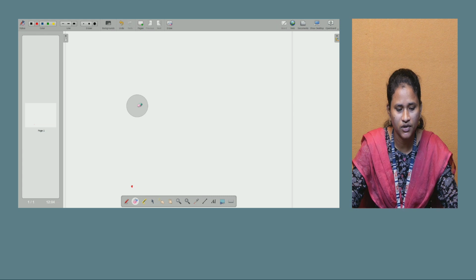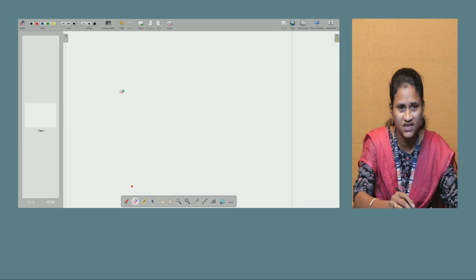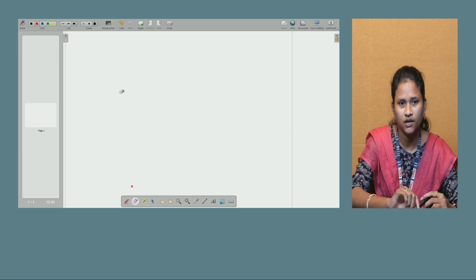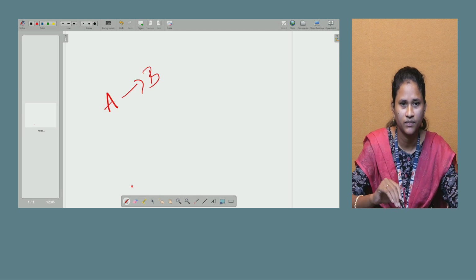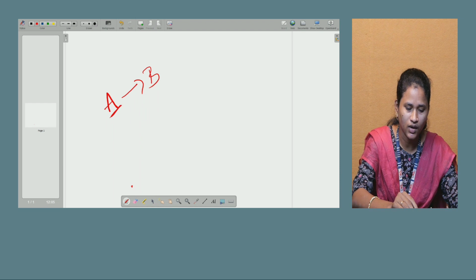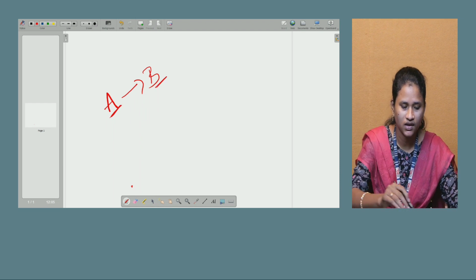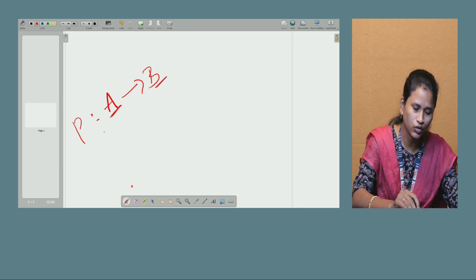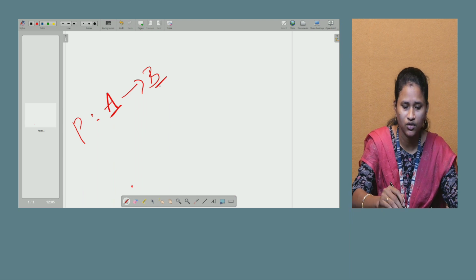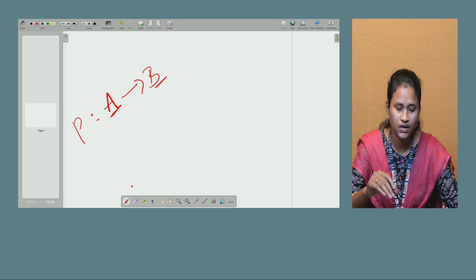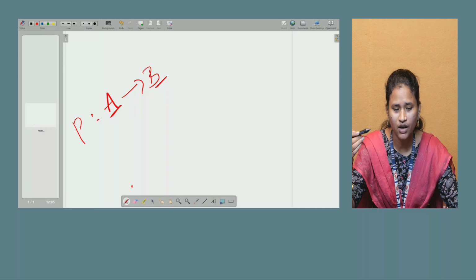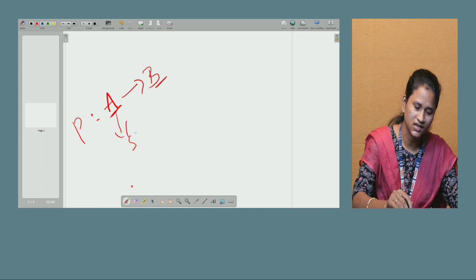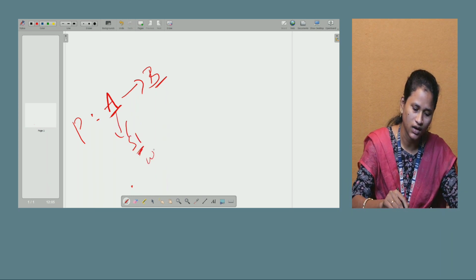First, one example I will take. Let us consider that you have chosen two locations, A and B. My point here is, I want to travel from A to B. So the problem statement is that we have to reach location B from location A. If you have selected two locations, we have many solutions to reach from A to B. Let us consider solution 1, that is by walk.